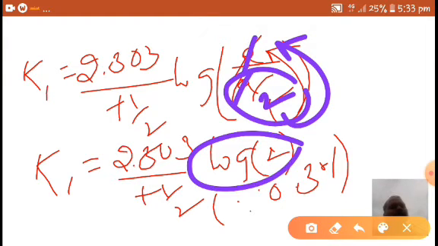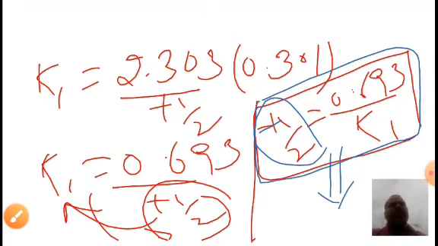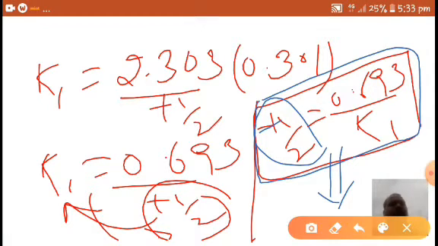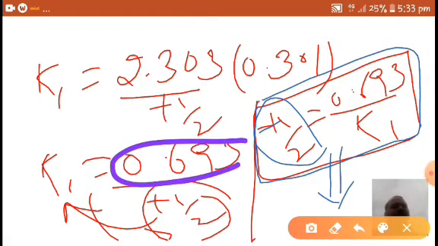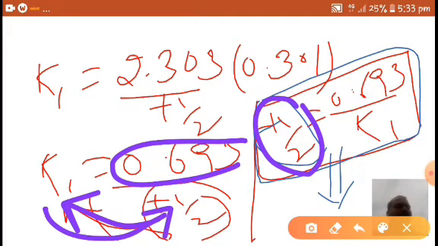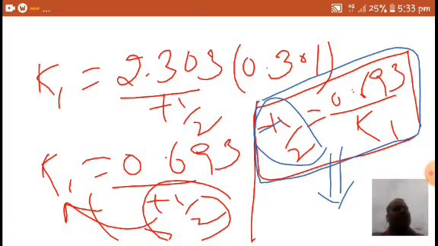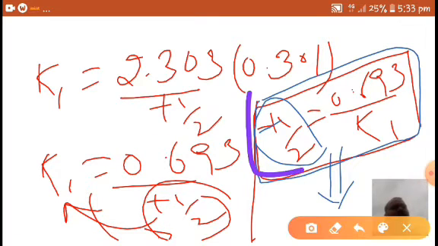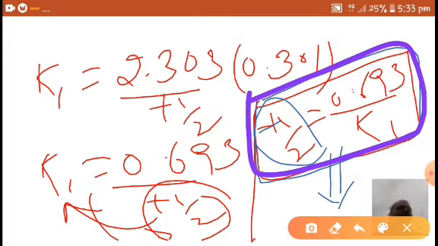Then log 2 is equal to 0.301, and by substituting that value we get 0.693. Since I want the t half value, I rearrange this equation, moving this to the right side and this to the left side. I get t half is equal to 0.693 by k1.